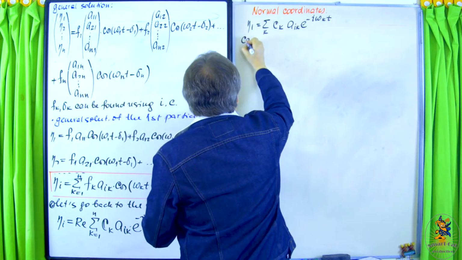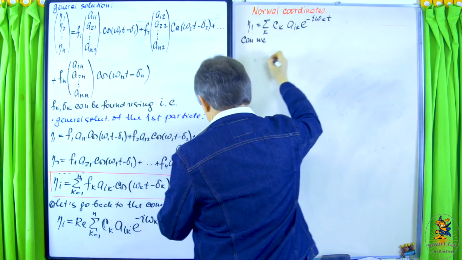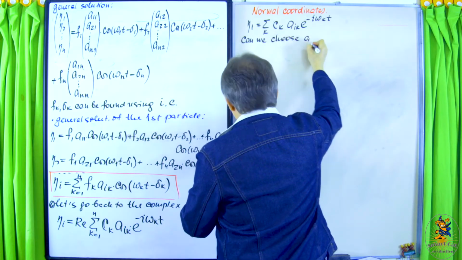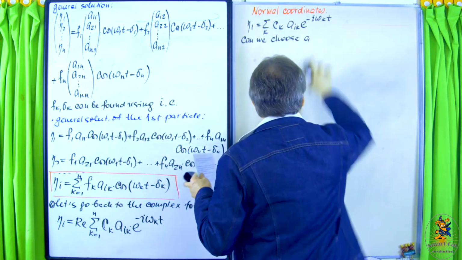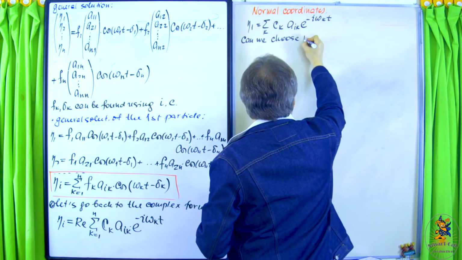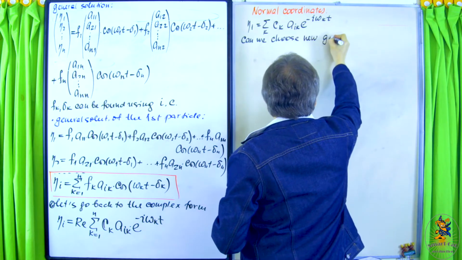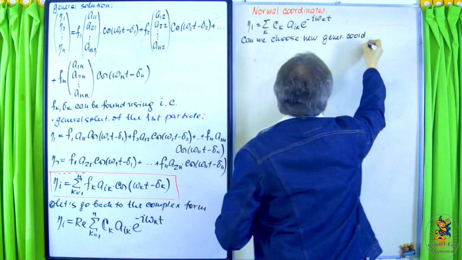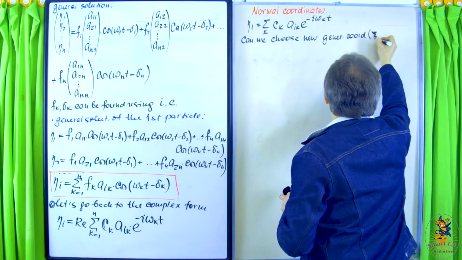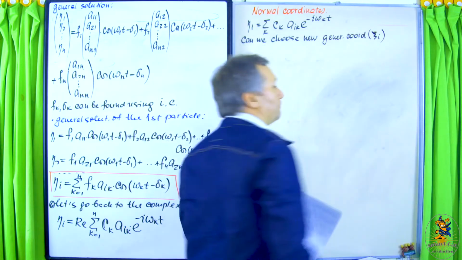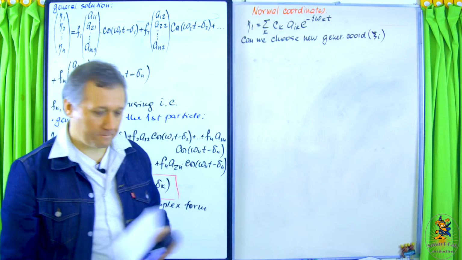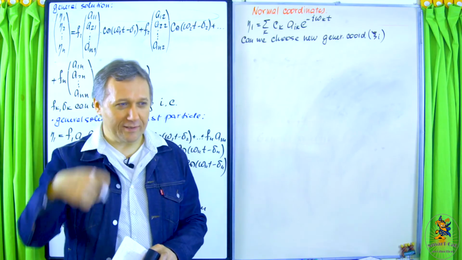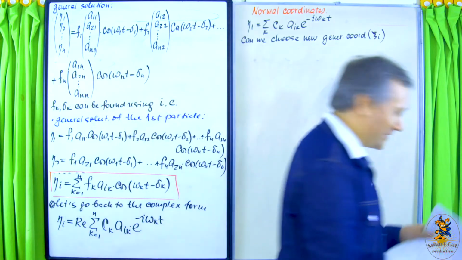So can we choose new generalized coordinates, for example, new generalized coordinate psi_i's? I like this letter psi. It looks like a snake, and it's easy and fast to write.